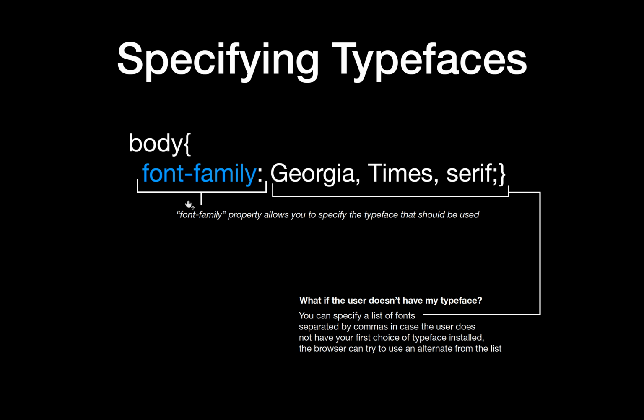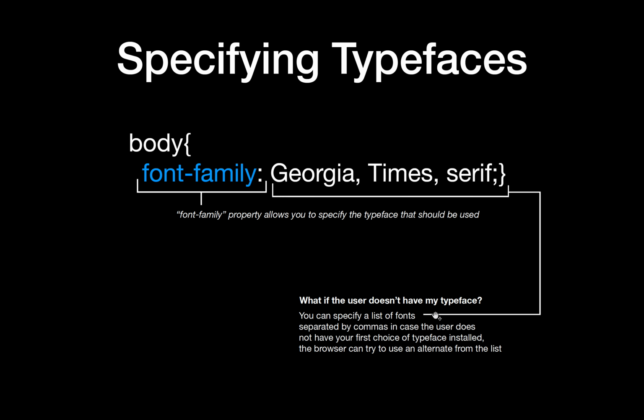We would use the property font family, which allows you to specify the typeface that should be used. And then in the font family, we're going to give it some options. We're going to say Georgia, comma, Times, comma, serif. So what this is saying is that our preference is Georgia. If the browser has to default to Times, that's okay. And then serif. So we know that we want it to be a serif font.